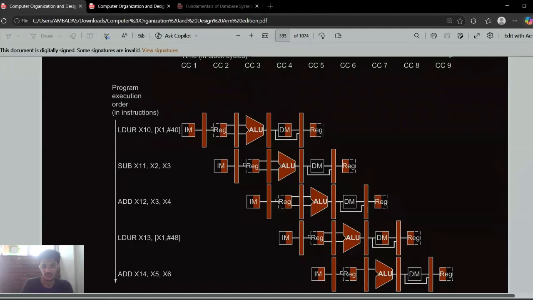Then we're gonna read the registers, and whatever values we get from those registers, we are gonna store in the ID/EX stage. This is the EX stage. EX stage is nothing but the execution stage where our ALU unit lies.